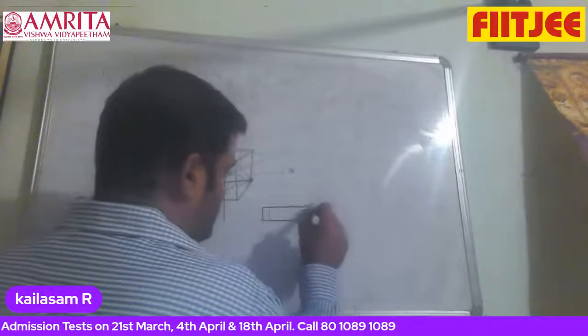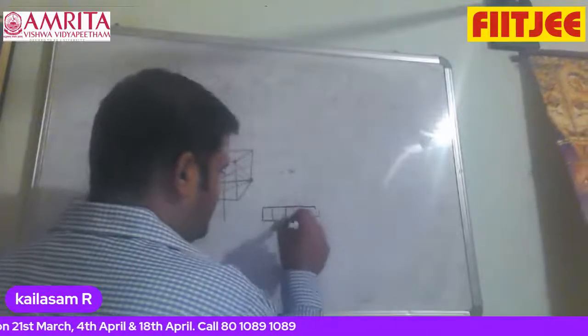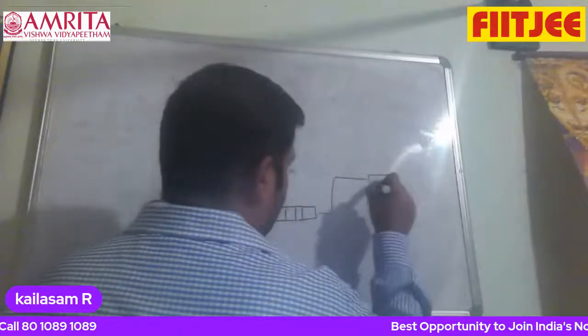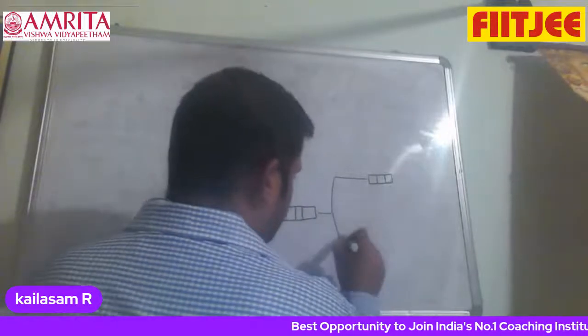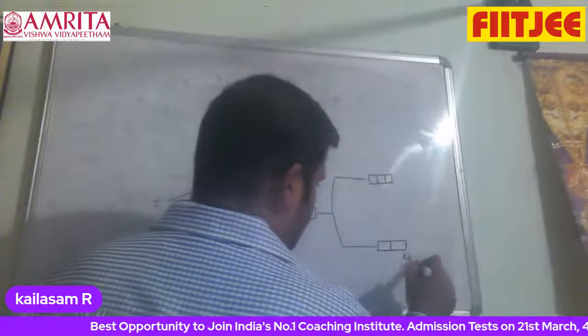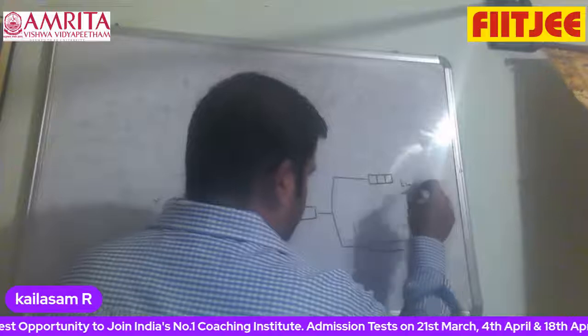That's all. Three orbitals go up and the two orbitals come down. This is Eg, this is T2g.